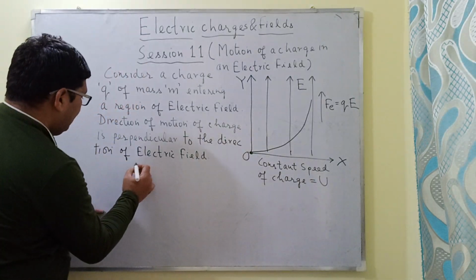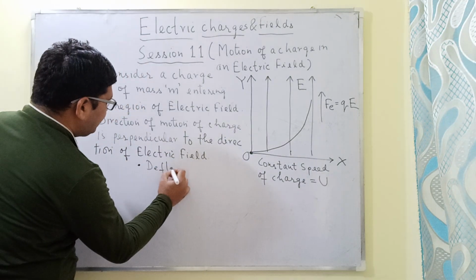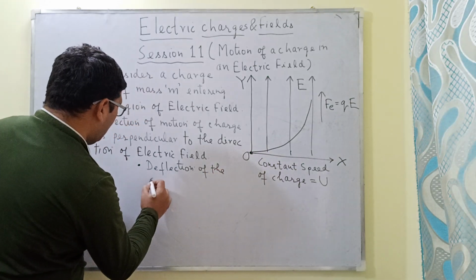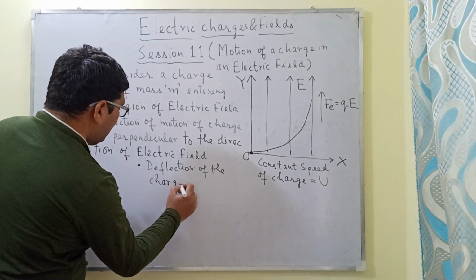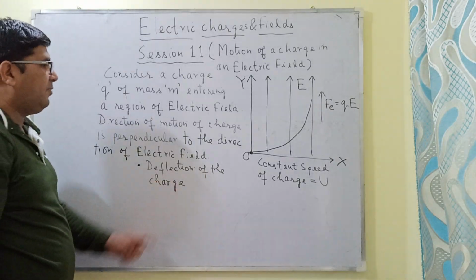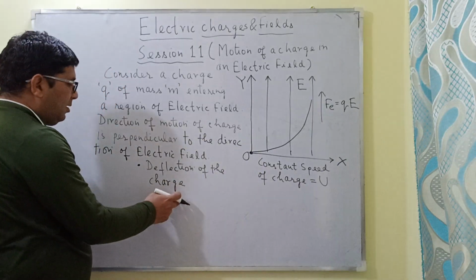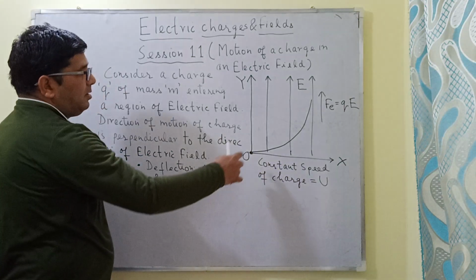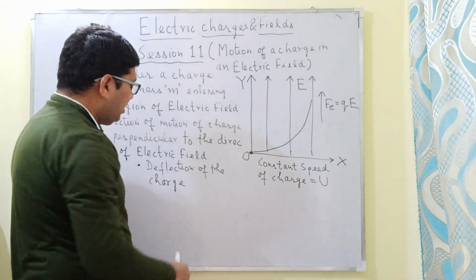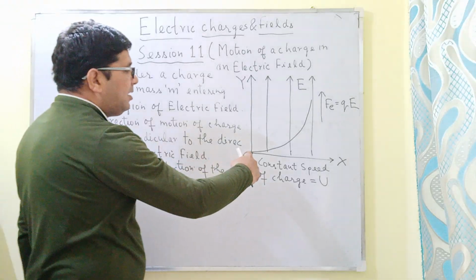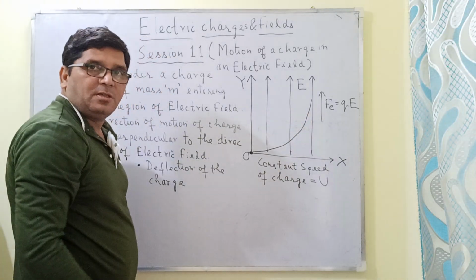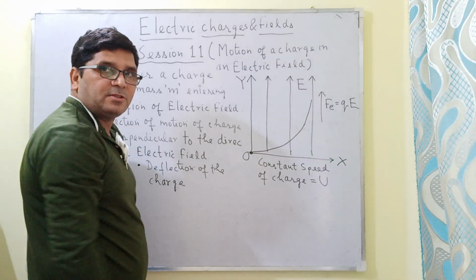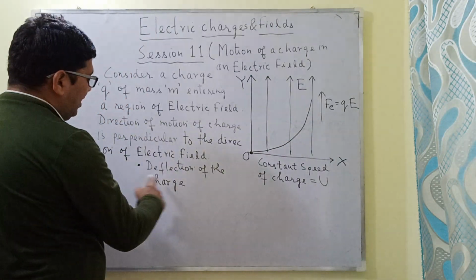And with the help of the formula which we will get for the deflection of this charge due to this electrostatic force, we will also find the trajectory of motion of this charge when it enters this region of electric field. So first thing is that we have to find the deflection of the charge.